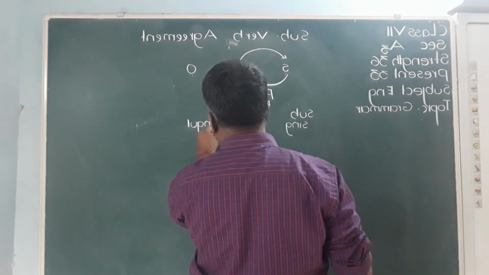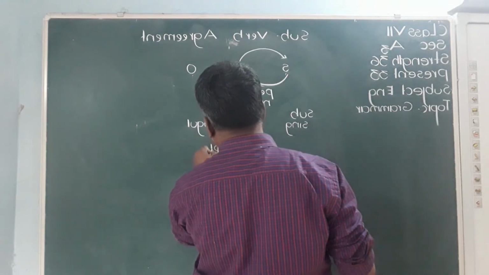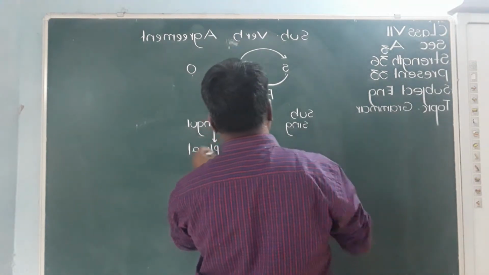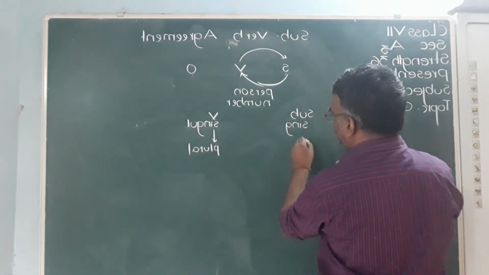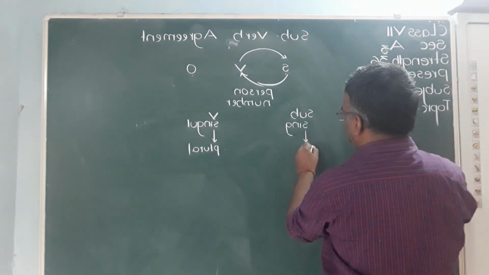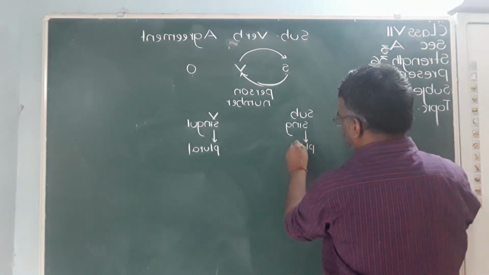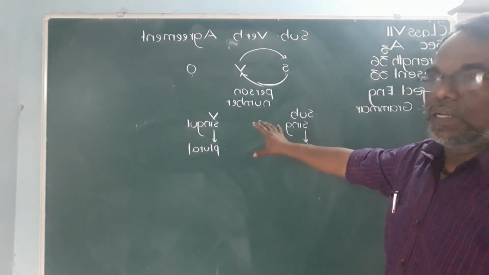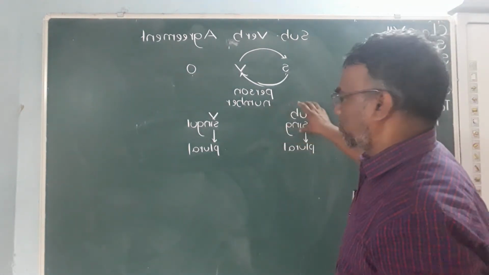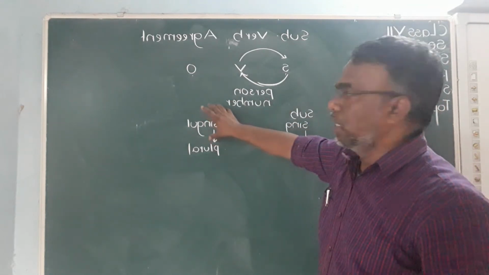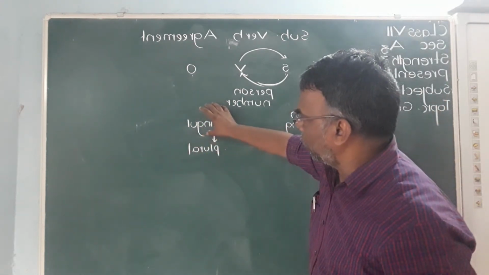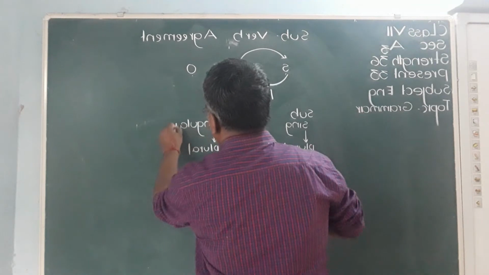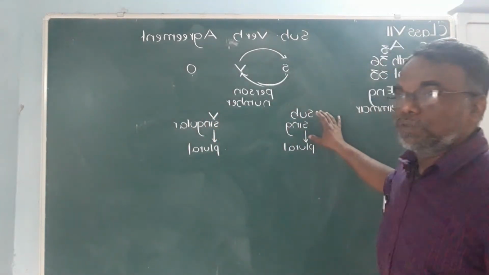If we change the verb from singular to plural, the change is immediately reflected in the subject position, and the subject becomes plural automatically. This is called subject verb agreement in number.